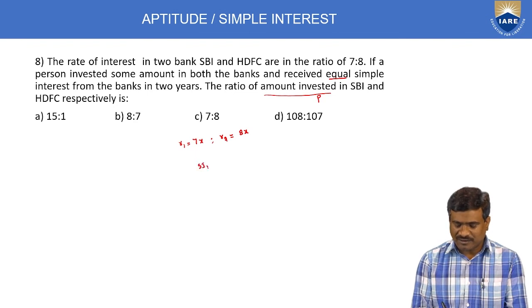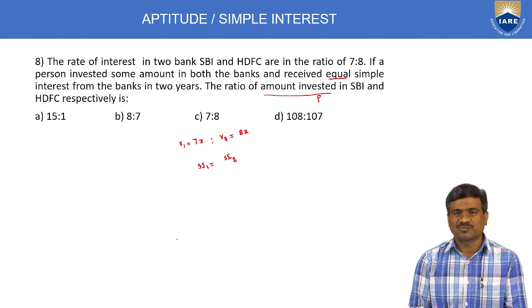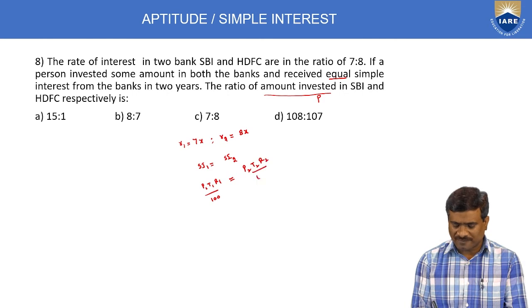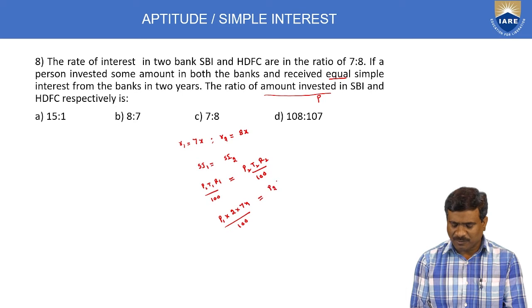Equal simple interest means SI1 is equal to SI2, where SI1 is equal to P1 T1 R1 by 100, and SI2 is equal to P2 T2 R2 by 100. Here time is 2 years for both, R1 is 7x by 100 and R2 is 8x by 100. We need to find P1 by P2.